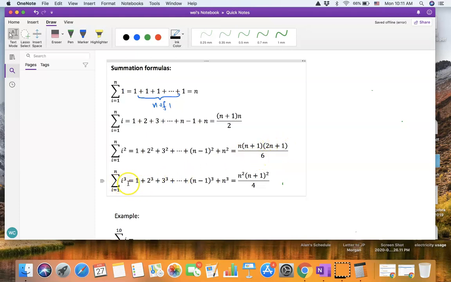And if it's a sum of the cubes, the result is given by this formula: n squared times n plus 1 squared over 4.